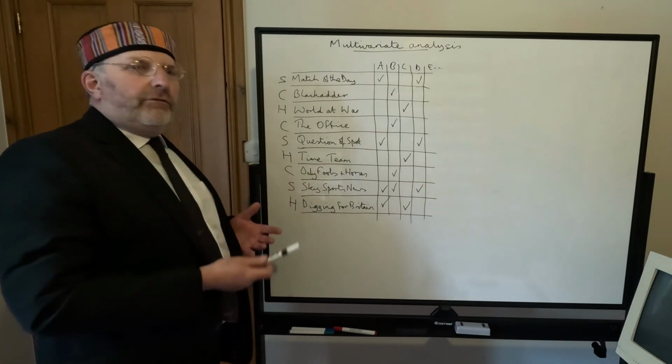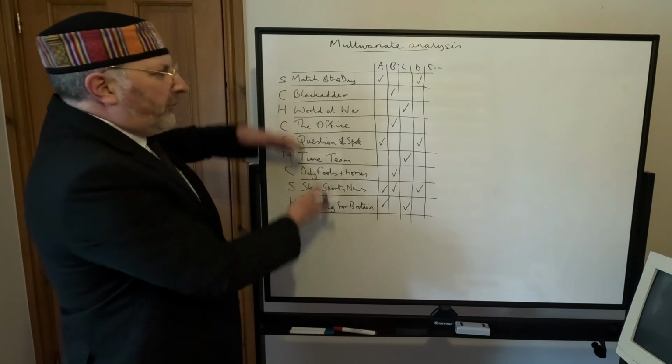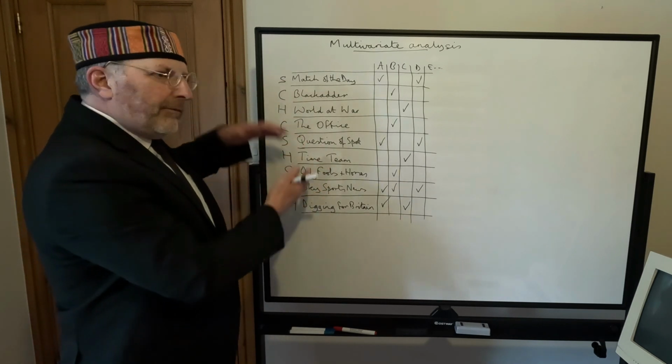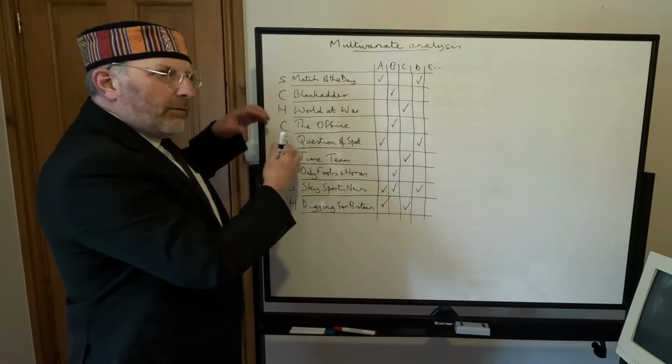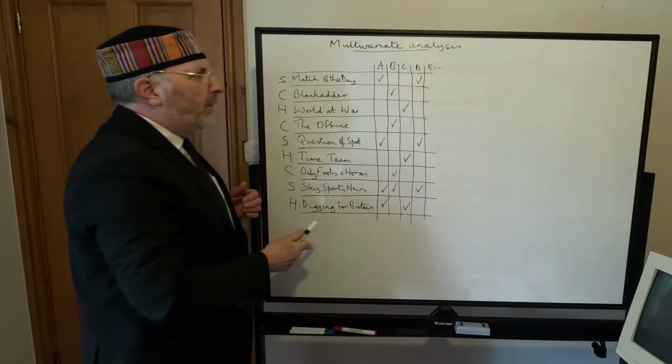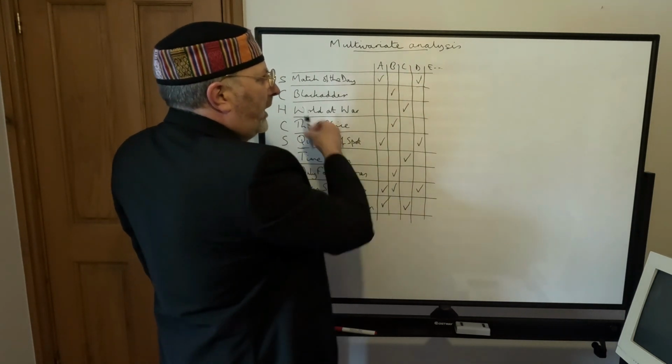We want that to come out of the analysis. So we don't make any preconceived assumptions that certain ones are sports programs, certain ones are comedies, and that people are likely to like particular categories together. We actually just look at our data and see what comes out of it.